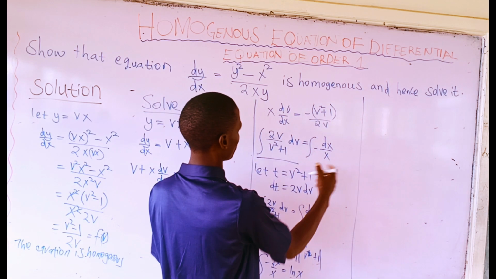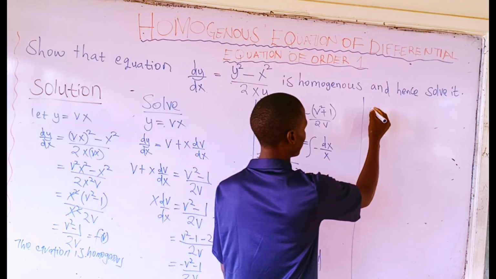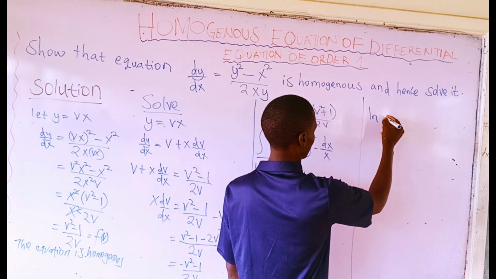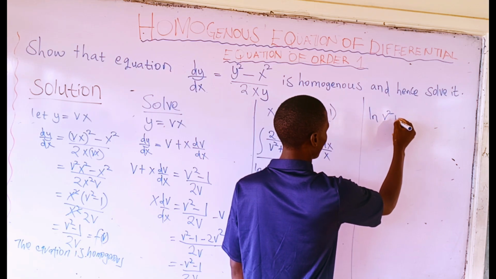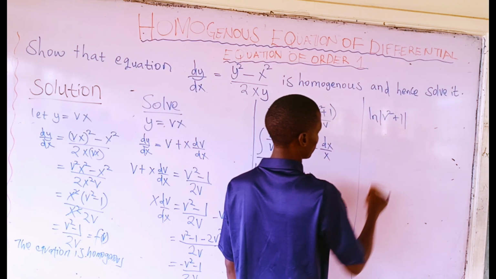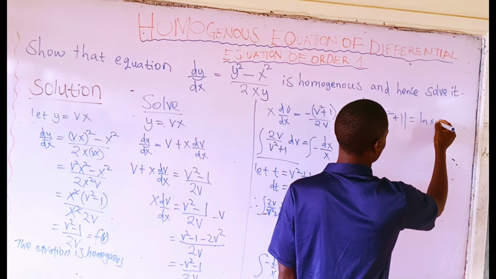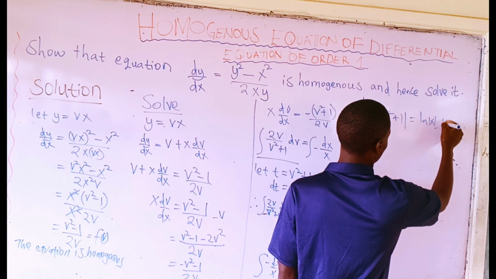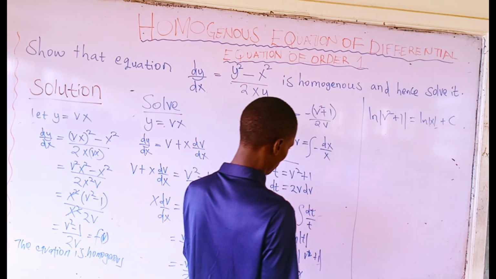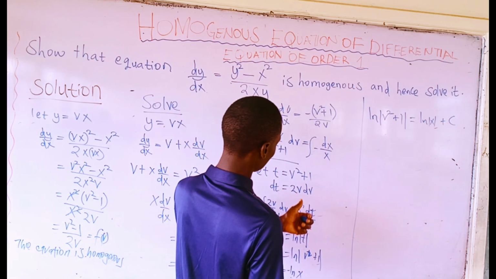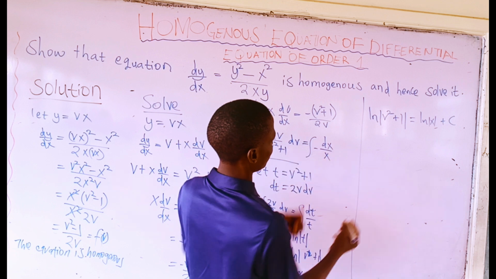Then we can write this equation in good form, which will be ln of v squared plus 1 is equal to negative ln x plus c. But this will be negative because of the negative sign.